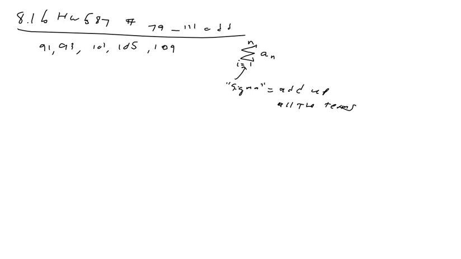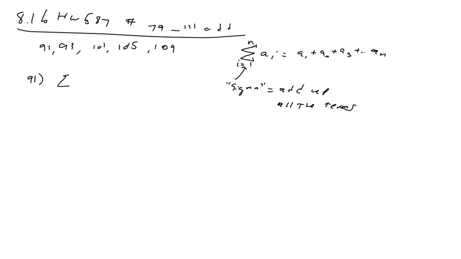This Greek letter sigma indicates that we're adding up all the different items in this sequence. We're going to get A1 plus A2 plus A3 plus all the way up to AN. So you're plugging in 1, 2, 3, 4, all the way up to N, and then you're going to add them all up together.